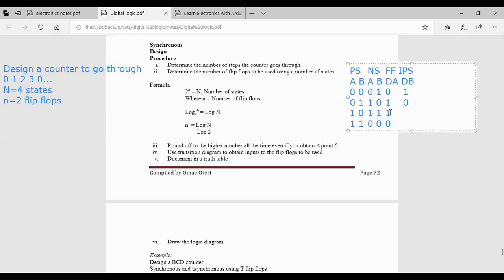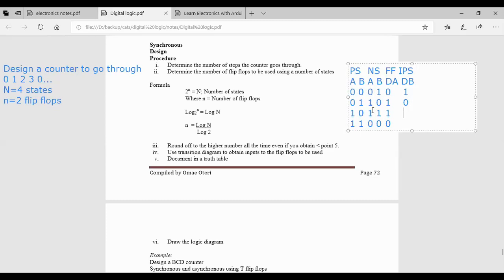Is 0. Then the next one is B. B present state is here 0. B next state is here 1. So 0 to 1. One. By the way, it's very easy to note this.